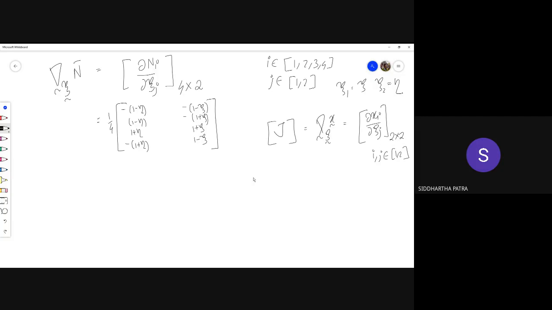For that we can write x as this matrix, x1 x2 x3 x4, y1 y2 y3 y4, times N bar, where N bar is again this vector. We talked about this different representation.